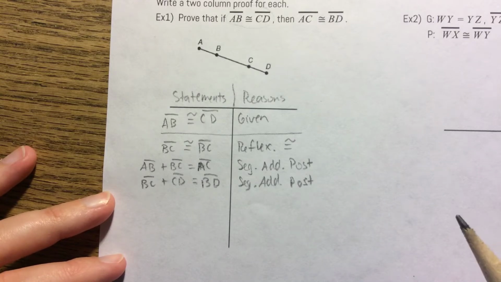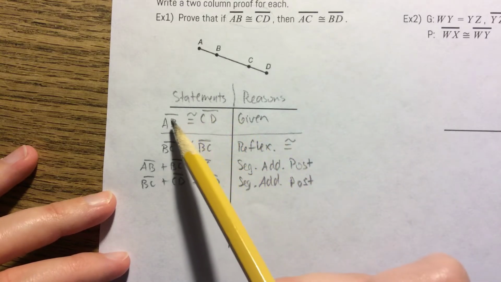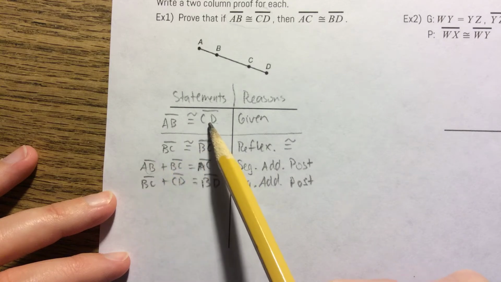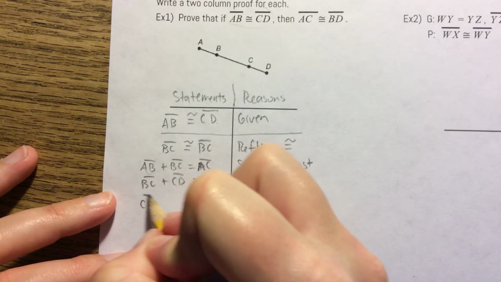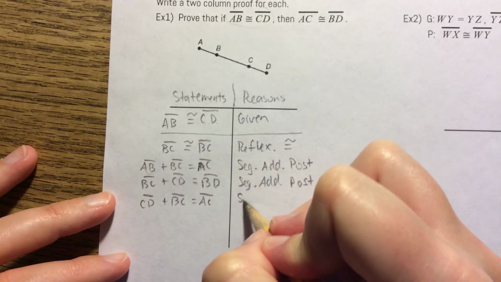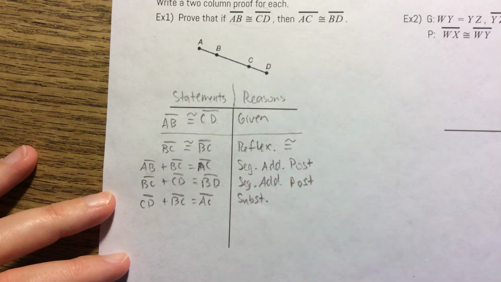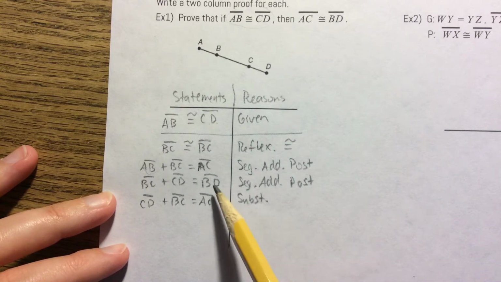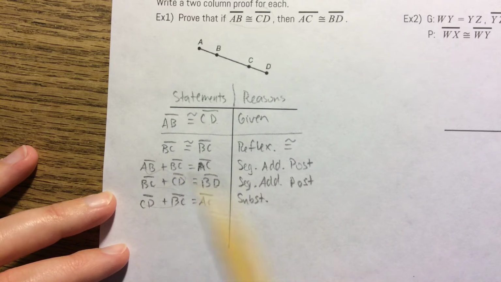Okay, now I'm going to do some substitution here. Since we said at the beginning that AB was congruent to CD, I could replace this AB with a CD here. So I'm going to do CD plus BC equals AC, and that's substitution. So now I have this is the same as this.